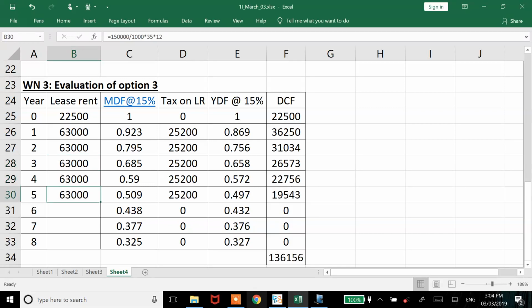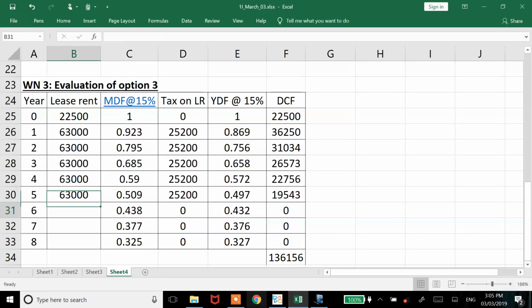I'll pay this for 5 years. 63,000 for 5 years.